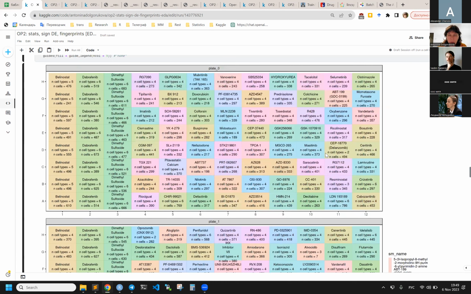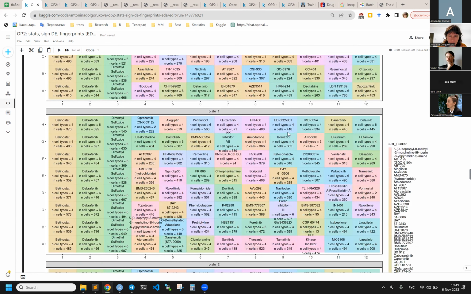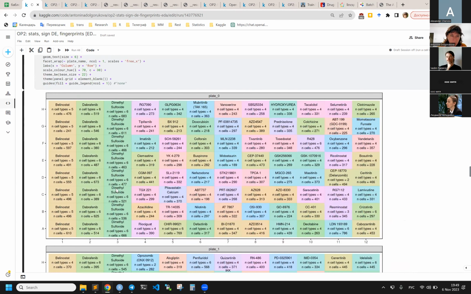To cover all 146 drugs, they needed 2 plates, so half, 72, here and 72 drugs here. All are different. And we have 3 donors, so overall 6 plates, 2 for each donor. You can see why we have so much control data: in each plate, 3 columns were treated only with controls.